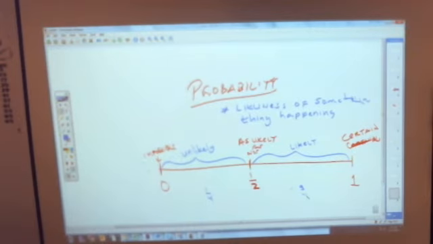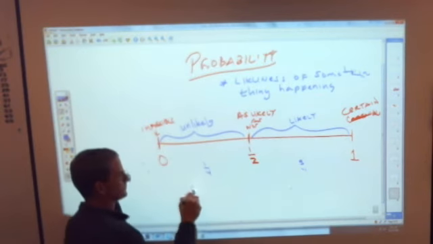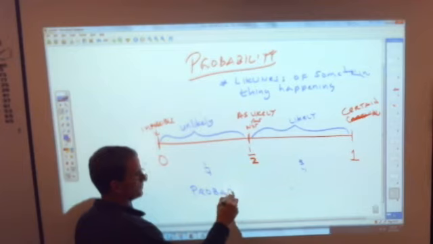Now, how do we find probability? Well, we can write this down here. Here is how we find probability. Probability is made by this fraction.